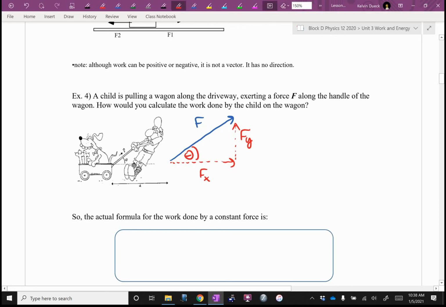Which of these 3 forces, F, Fy, or Fx, is in the same direction as the distance? Don't overcomplicate it. So here we would say work equals Fx times distance. Fx, which trig function? Well, which trig function was Fy? So can you tell me which trig function Fx would be? Of course you can.